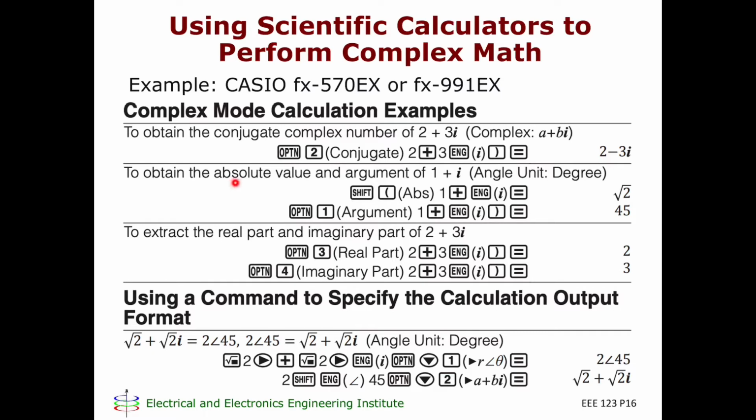You can get absolute values and arguments of complex numbers. You can extract the real part and the imaginary part of a complex number. So these are some of the things you can do with your Casio scientific calculator.